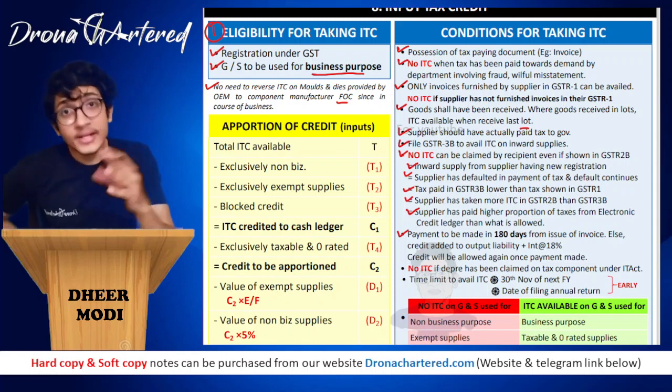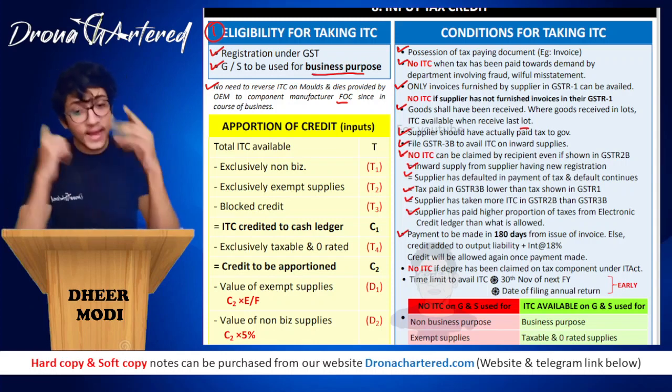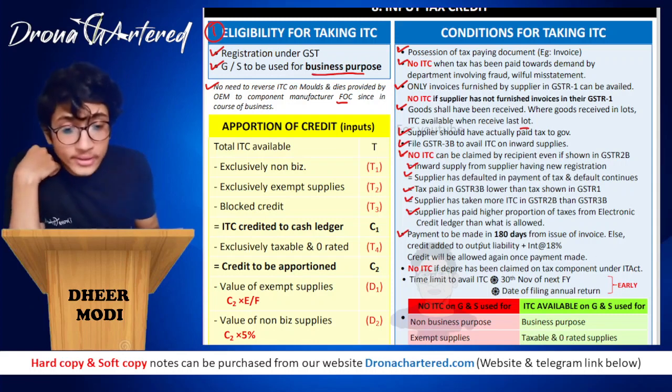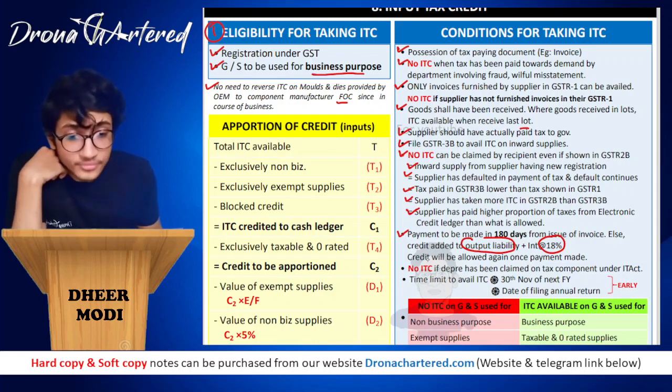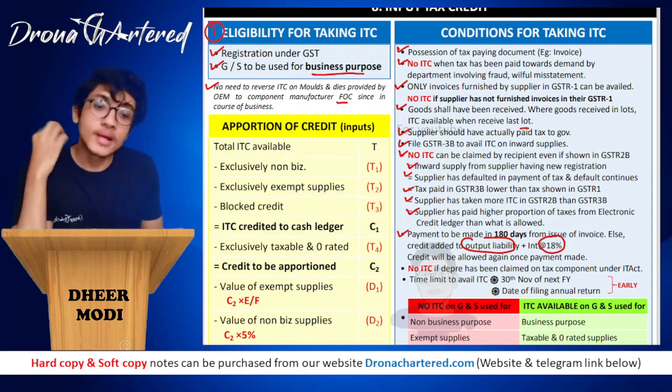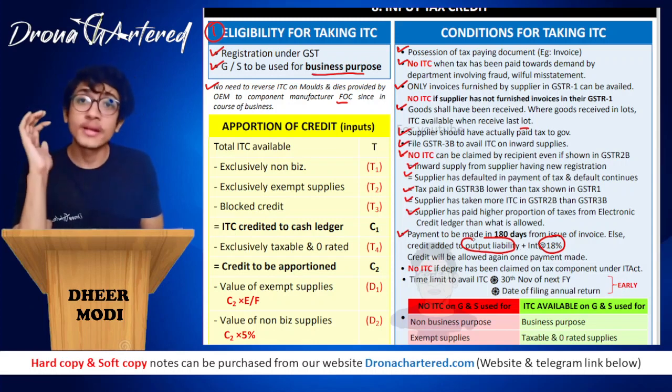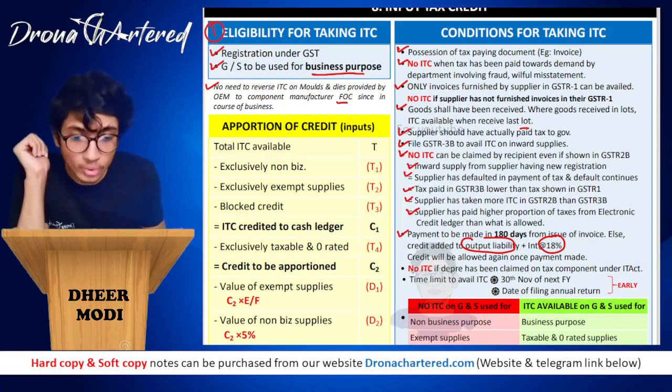But after 180 days, if you still have not made the payment, this will be added back to your output tax liability, and they will also charge interest at the rate of 18%. However, this credit will be allowed once you make the payment. That is, once you pay the supplier, this credit will be allowed to you.